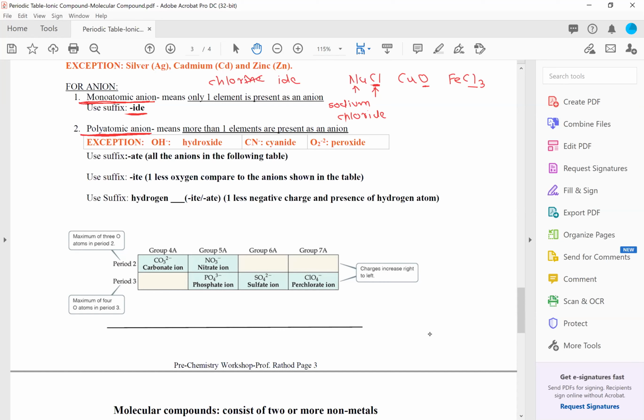As an element, what do we call O? Oxygen. If we're going to use it as an anion in this case, what should we name it as? IDE, oxide.